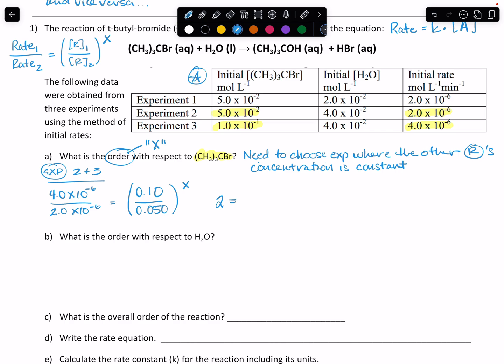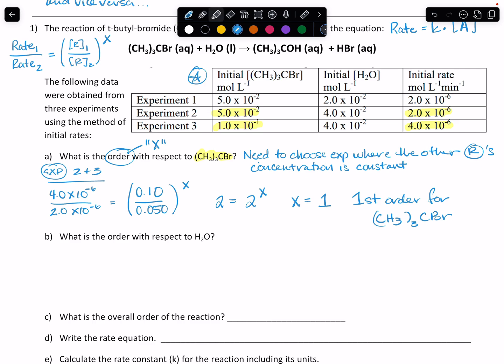I do the division on the right side and I get 2. So 2 raised to some power equals 2. Well, 2 raised to the first power will give me the same number back. So that means that X must be 1. So first order for CH3CBr. That's what that tells us.